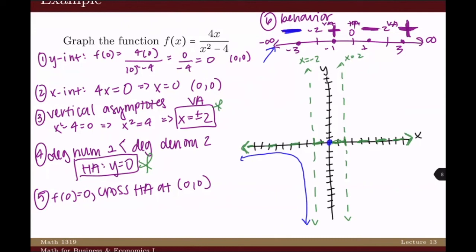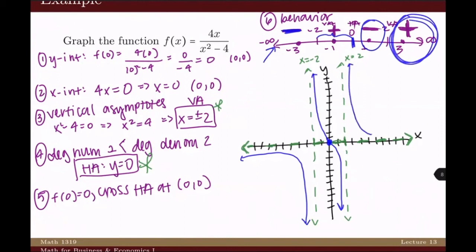I know that I am positive from -2 to 0, so that means I'm up here approaching this vertical asymptote to infinity. And then once I cross 0, which is here, I turn into a negative graph. So it's going to be down this way. Lastly, from 3 to infinity, I am positive. So that means I am above the x-axis. So here is what my graph looks like, final answer, okay?